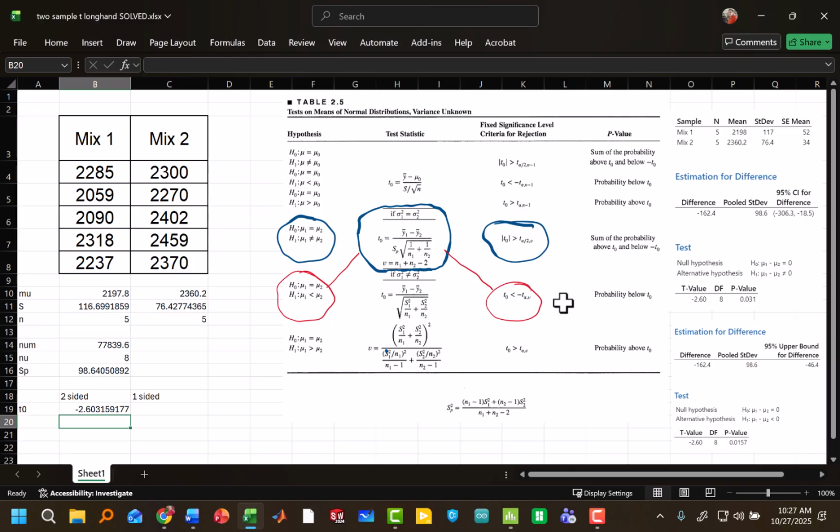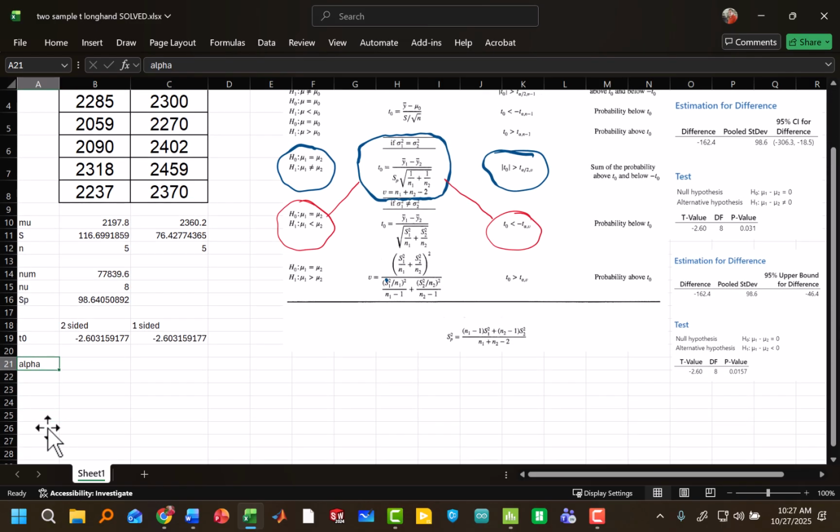Test statistic is the same regardless. So this is just equal to that. And then we're going to determine when we would reject the null hypothesis. In one case, we're figuring out alpha. In the other case, we're figuring out alpha by 2.